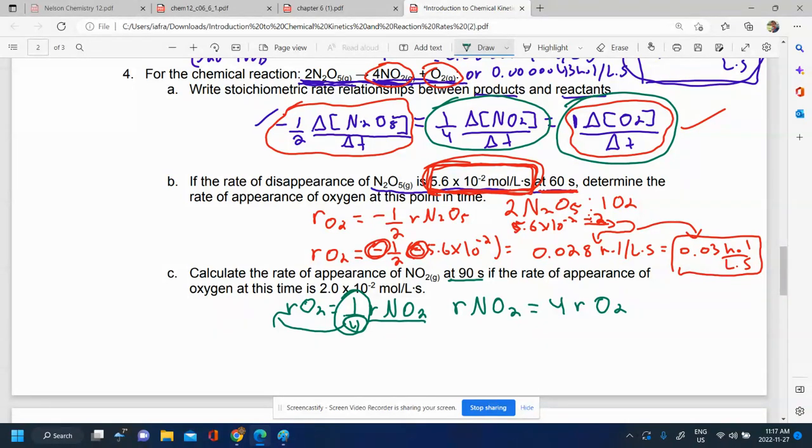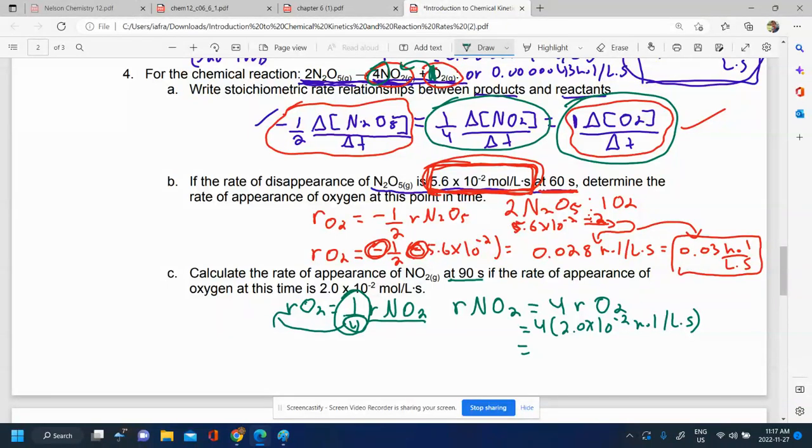Also, stoichiometrically, it makes sense, right? It's a 4-to-1 ratio with oxygen being the 1. So you're multiplying by 4 to get your NO2 from oxygen. So that means that we're going to get 4 times the 2.0 times 10 to the power of negative 2 moles per liter second. So we're going to go ahead and do that.